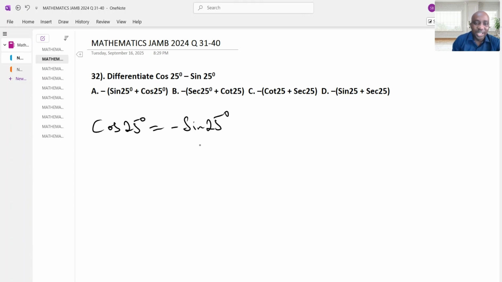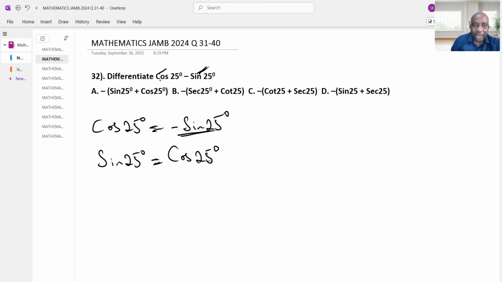And for sine 25 degree, the derivative is cosine 25 degree. The derivative of cosine 25 equals minus sine 25 degree.